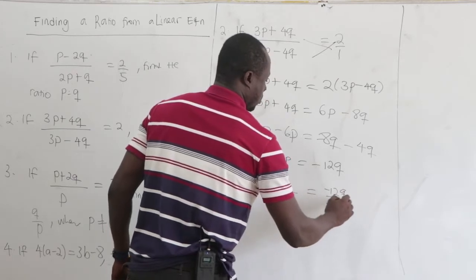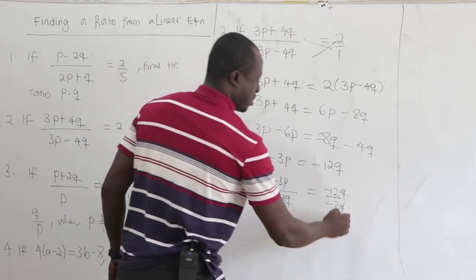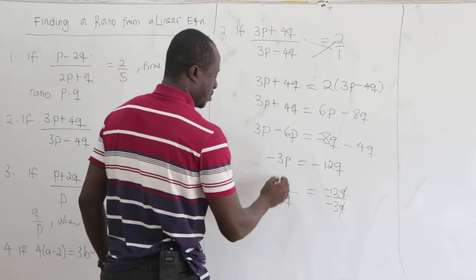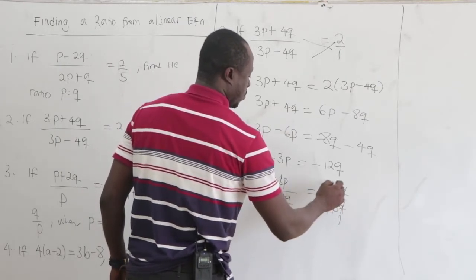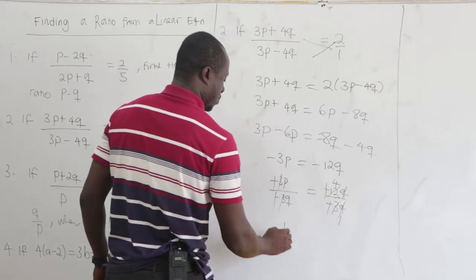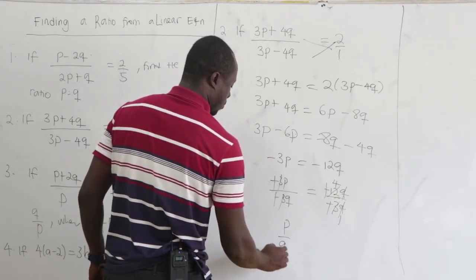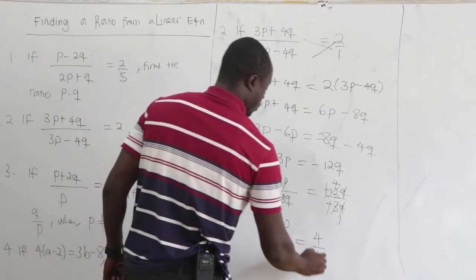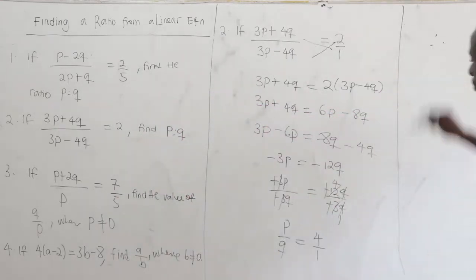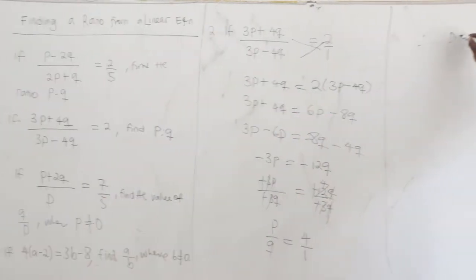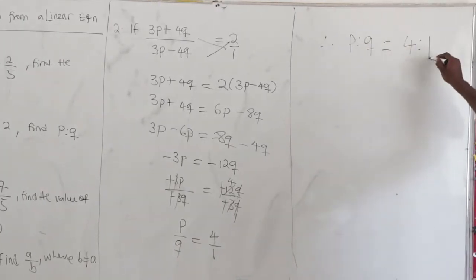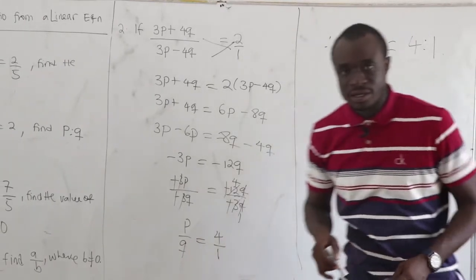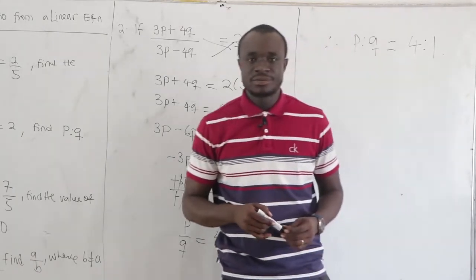You know there's Q over here, so this Q will cancel that. This negative will cancel, 3 will cancel 3. Negative will cancel negative. 3 will go into 12, that is 4 times. So we have 4 P over Q equal to 4 over 1. Therefore, P is to Q is equal to what? 4 is to 1. And this is very, very easy.